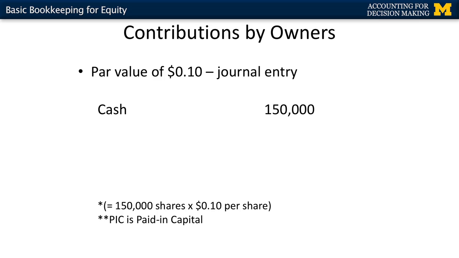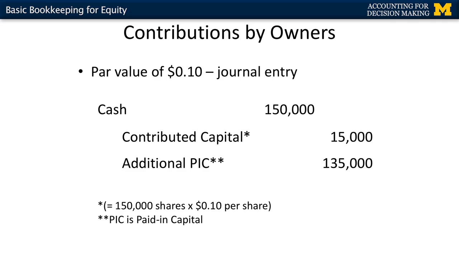The only difference is that because this stock has what's called a 10-cent par value, we're going to say the first 10 cents on every share of stock is going to be called contributed capital. Across the 150,000 shares, that means there's $15,000 of contributed capital. Then the remaining 135,000 that's left over, we're going to call something like additional paid-in capital.